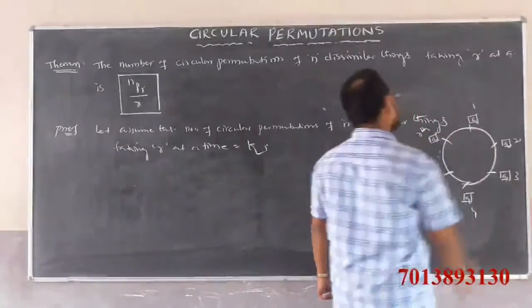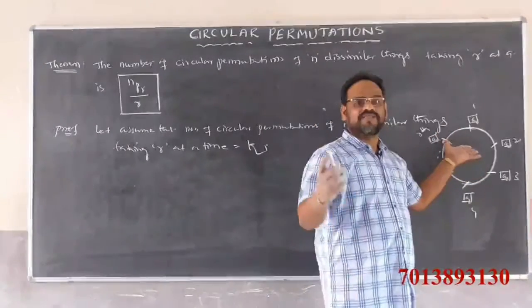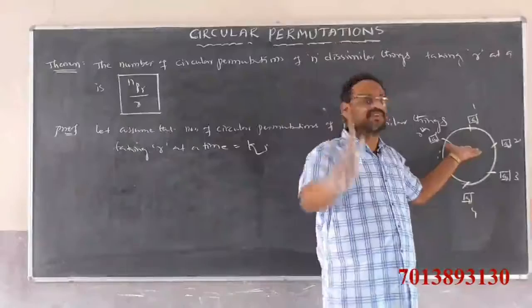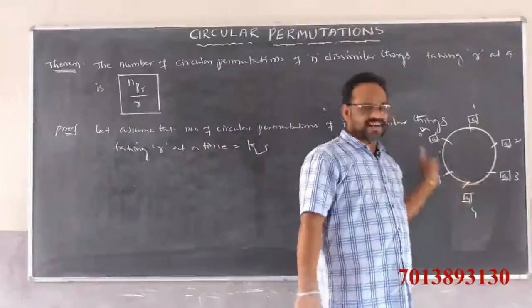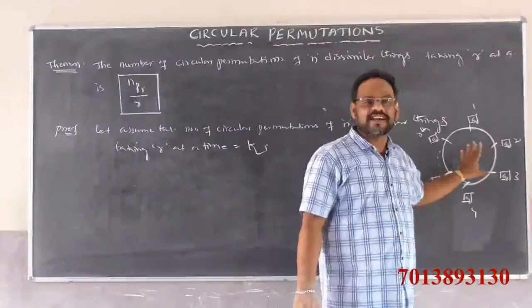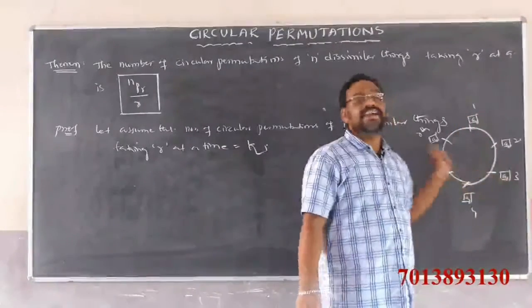Consider one of the k circular permutations taking r at a time. This circular permutation gives rise to r linear permutations.